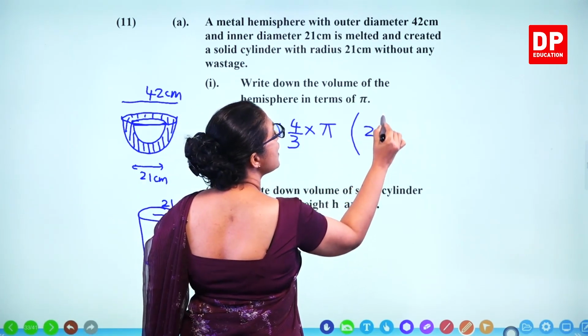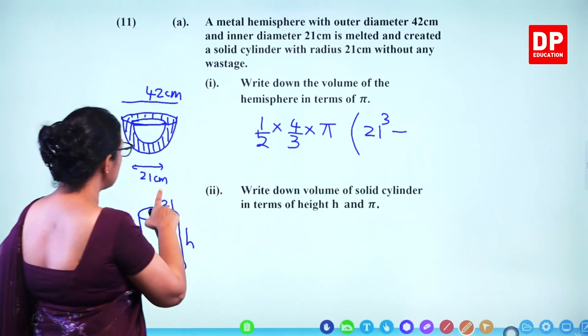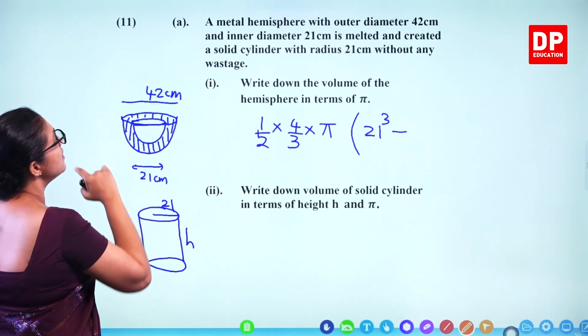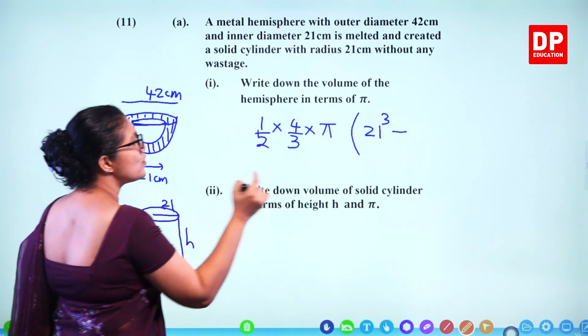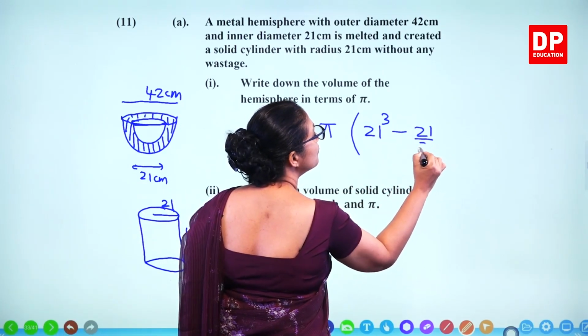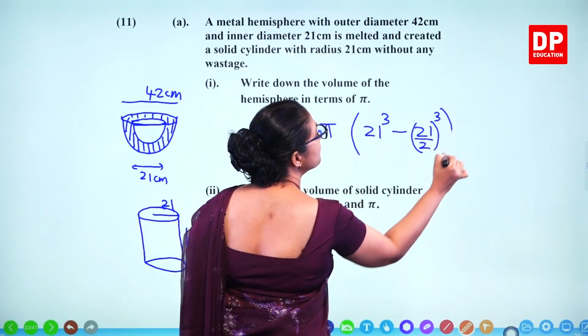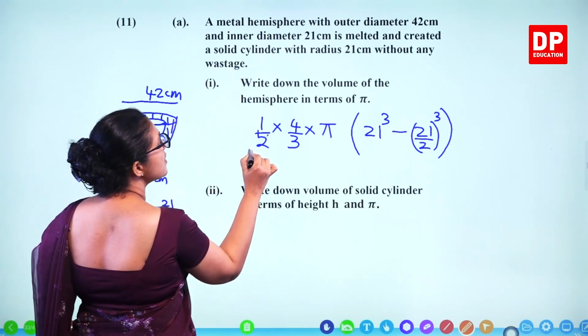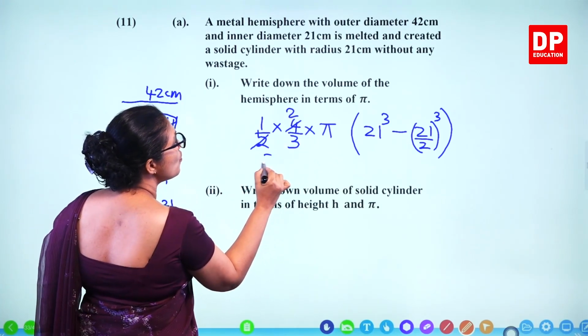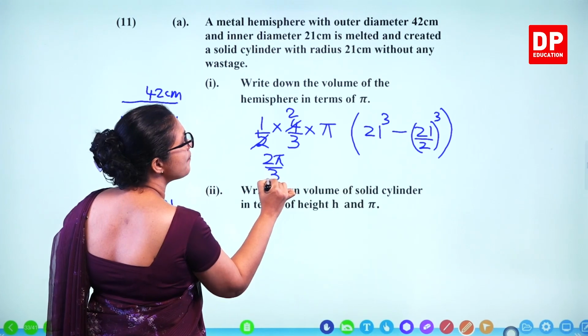So 21 cubed minus, what's the inner radius? 21 divided by 2, cubed. So when you simplify, you get 2 pi over 3.